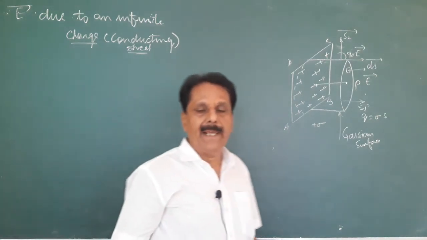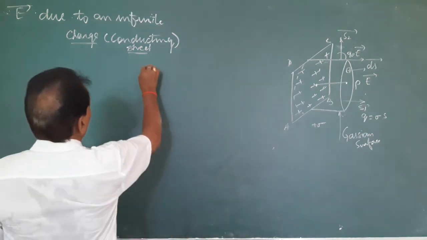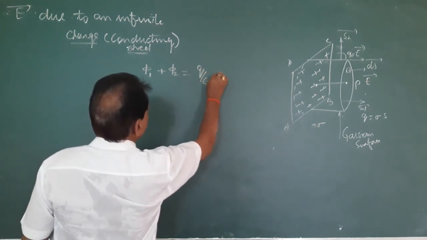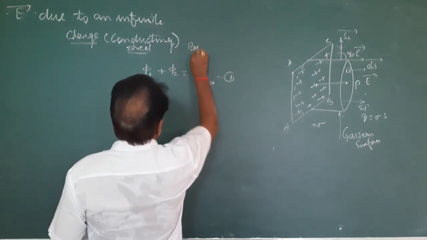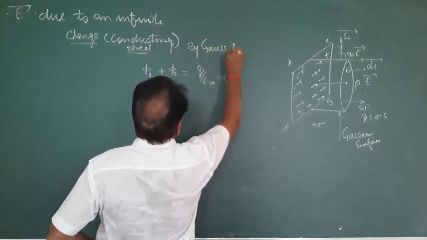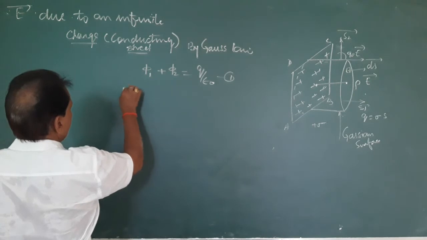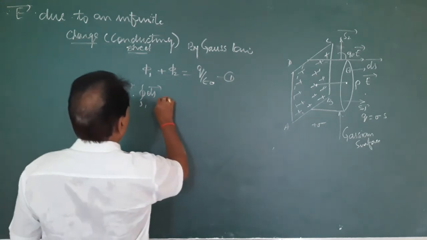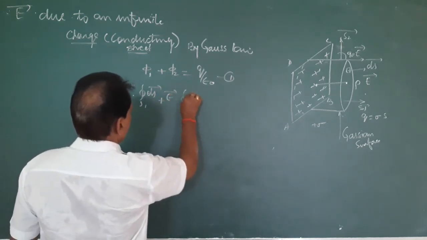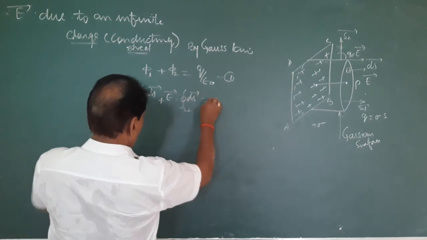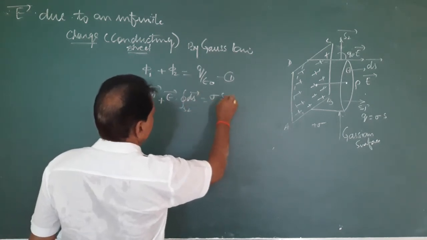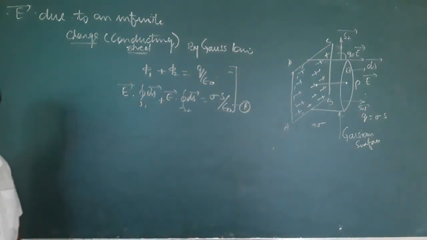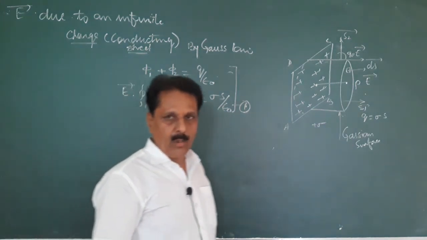Then by the application of Gauss law, we know phi1 plus phi2 equals Q by epsilon 0, where phi1 is E closed integral ds over S1, plus E closed integral ds over S2, equals sigma S by epsilon 0. Both are equation 1, which is obtained by applying the Gauss law.